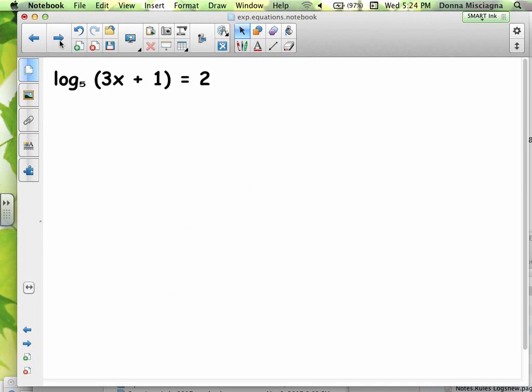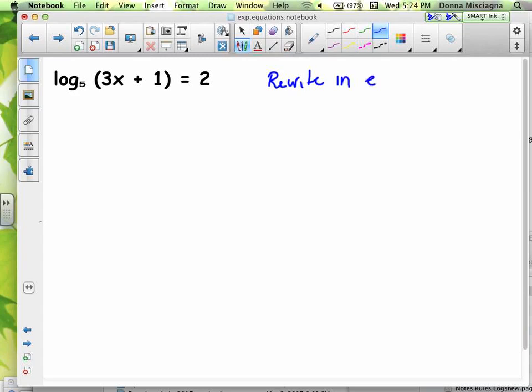All right, so here's one that we're going to solve together. It's in your notes. We have log base 5 of 3x plus 1 equals 2. Our first step, well, it's all isolated, so we're okay that way, is we need to rewrite in exponential form. Anytime we have one single log equals a number, we're going to exponentiate both sides.